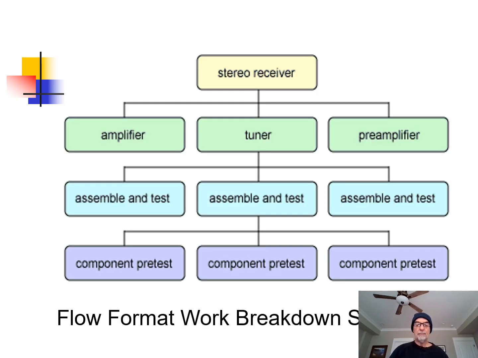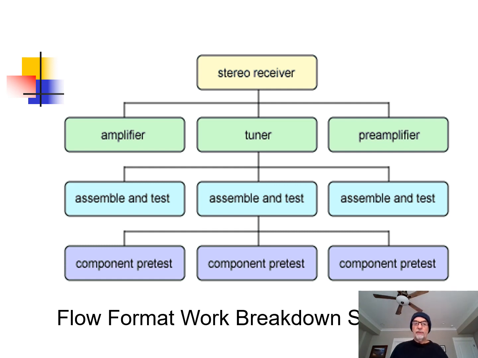Now, the next thing that happens is you're going to come up with a work breakdown structure. And this is the graphical approach. What this shows is all the pieces that are needed to complete the desired outcome of the project. So this is a stereo receiver, and you can see the top level has an amplifier, a tuner, and a preamplifier.